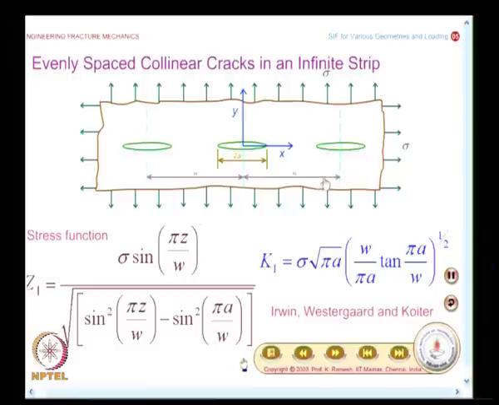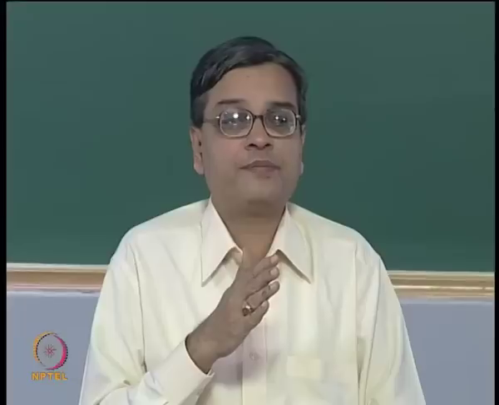I have this given as w, and the length of the crack is 2a, and I have the origin fixed at the crack center, with cracks extending in this direction as well as in this direction. The expression for k is credited to Irwin, Westergaard and Coit, because for any problem the stress function takes predominance.